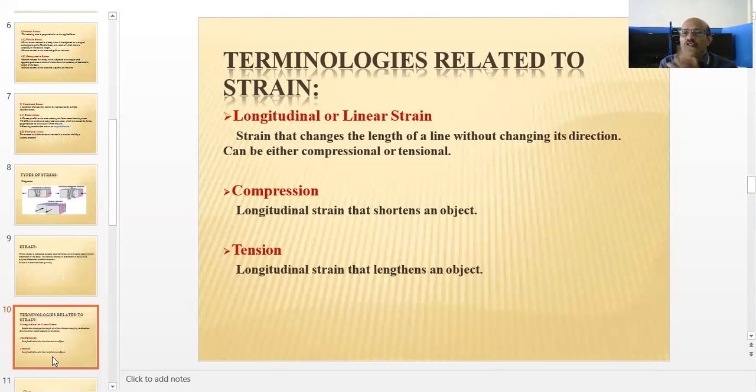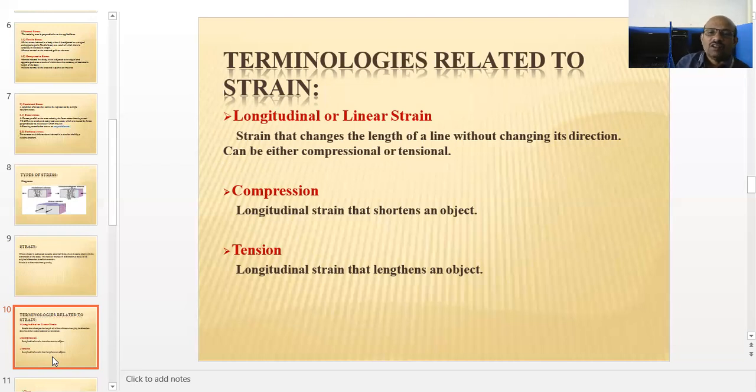If you apply a force at 30 degrees, the same angle will remain. That strain we call linear strain or longitudinal strain. We are not changing the direction; whether straight or inclined at an angle, the dimensions change along that one direction. That strain is called linear strain or longitudinal strain.